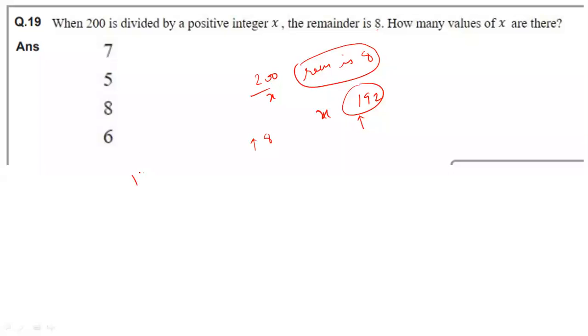So first let's find out the number of factors of 192. 192 is nothing but 2 into 96, 2 into 48, 2 into 24, 2 into 12, 2 into 6, 2 into 3. So it is 2 power 6 into 3 power 1. So the total number of factors is 7 into 2, which is 14. But in these 14 factors, I should have numbers which are more than 8. So I'm removing factors of 192 which are less than 8.